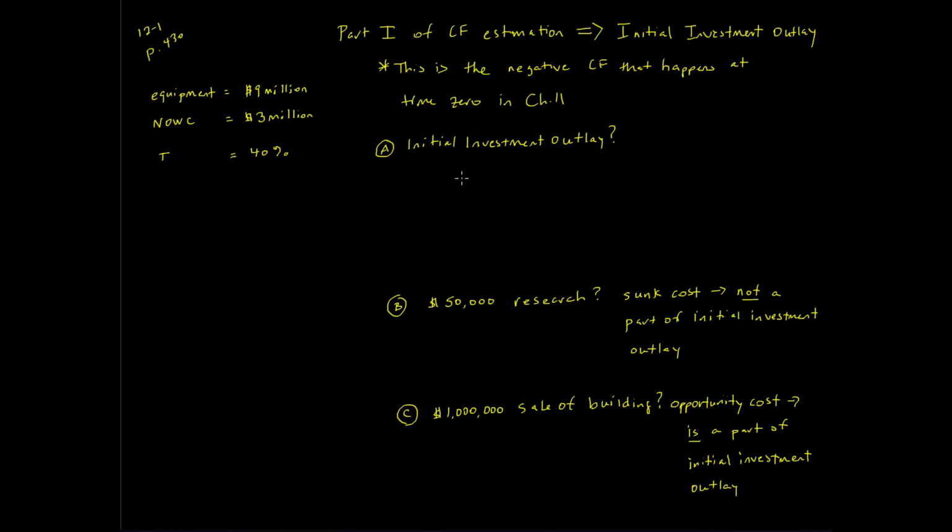To calculate the initial investment outlay, obviously the equipment itself is going to be involved in this, and that is a $9 million investment. But the net operating working capital is also involved. So I've got to add that to the equipment, and there's an accounting reason for this.